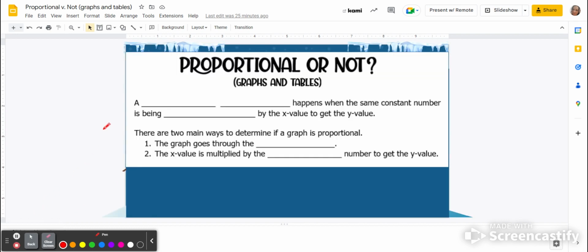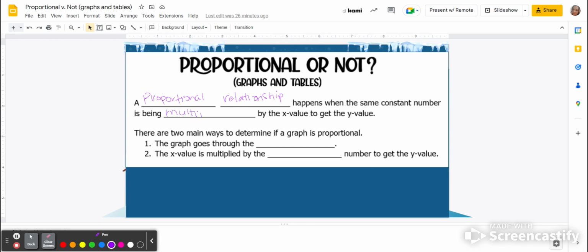All right, so the next page in your notebook says proportional or not. So we're using everything we learned to define whether graphs and tables are proportional or not. So my first sentence says a proportional relationship happens when the same constant number is being multiplied.